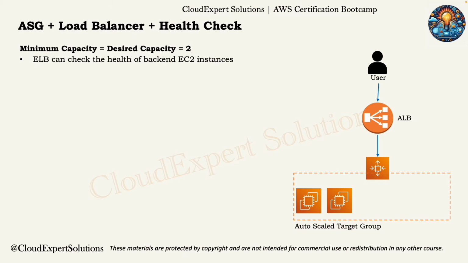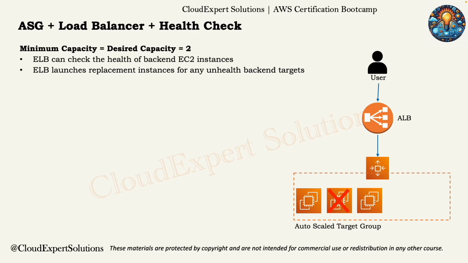No matter if you use application load balancer, network load balancer, or even the legacy classic load balancer, all can identify if any backend instances are not responding to the health check or turn unhealthy. To maintain the desired capacity, the autoscaling group will launch a replacement instance and kick the unhealthy instance out of the target group. Now as application traffic spikes, to handle the additional load, the autoscaling group will launch additional instances.